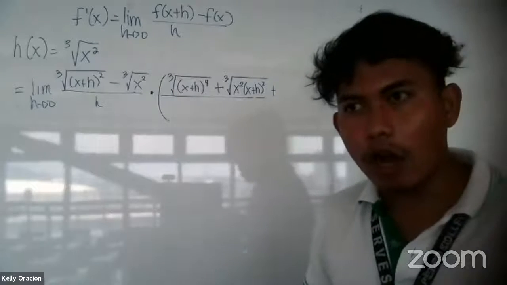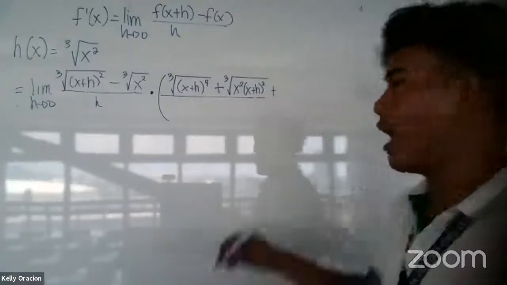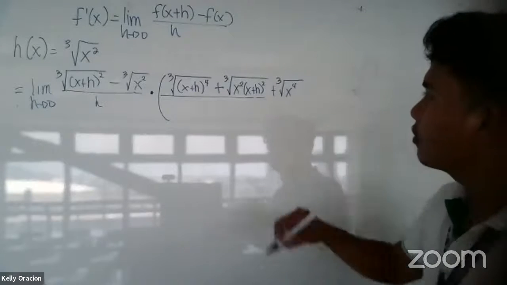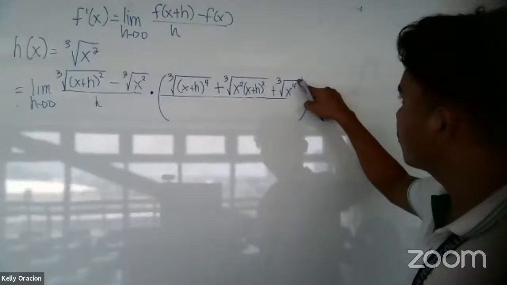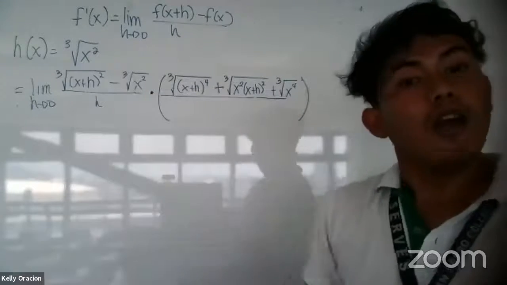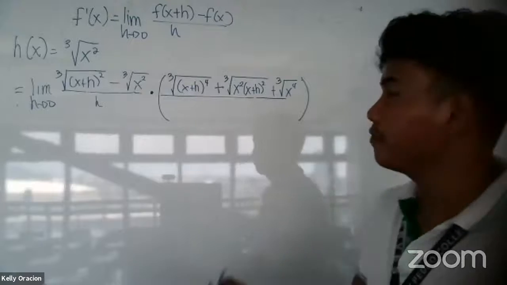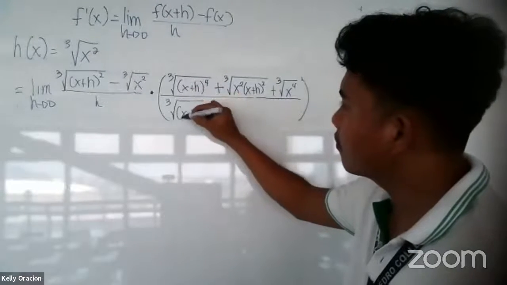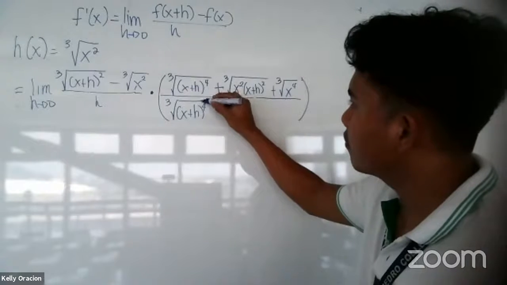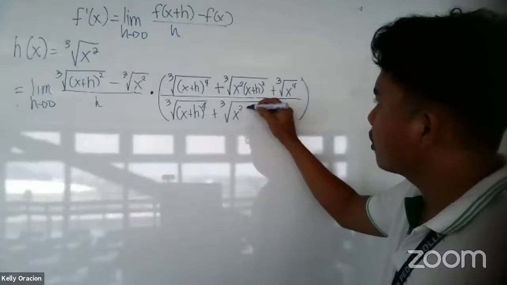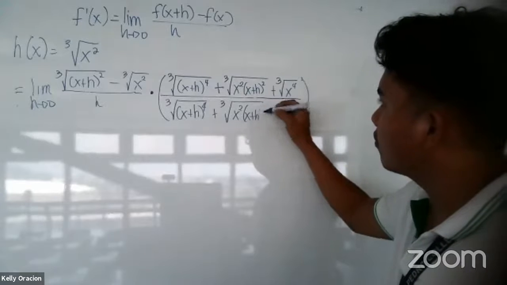The square of cube root of x squared, we have cube root of x raised to 4. Again, when you square this x squared, of course, it becomes x raised to 4. Just copy it here.